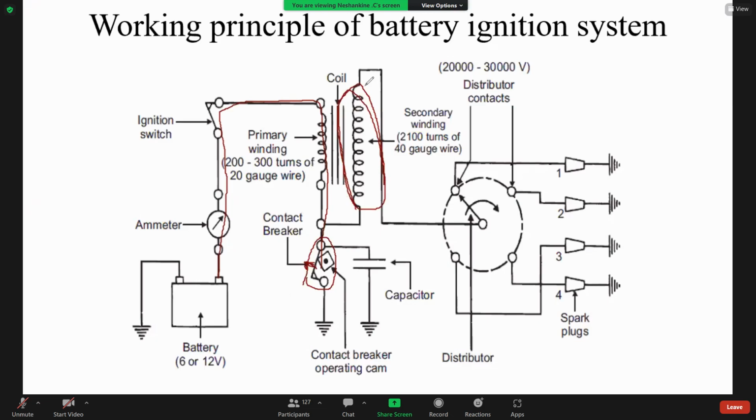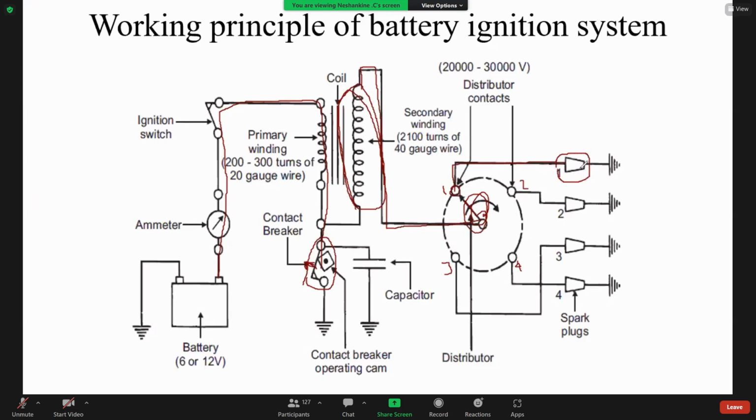This voltage passes through this line and reaches the distributor. I already discussed with you, assume this one 1, 2, 3, this one 4. If the distributor contacts number 1, what will happen? This high voltage passes this way and reaches the number 1 spark plug.